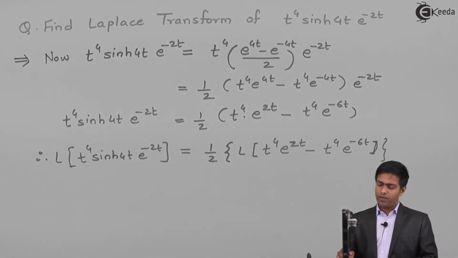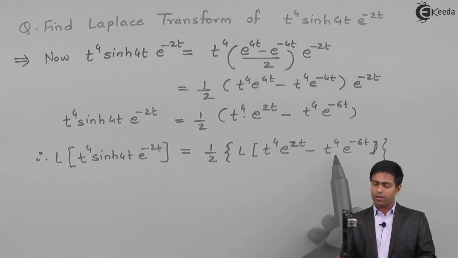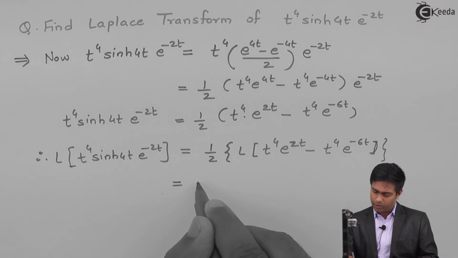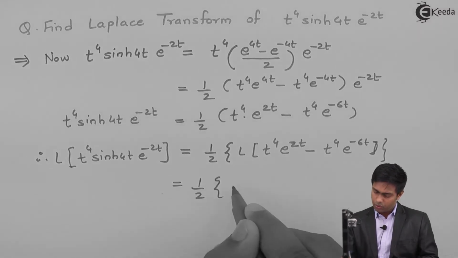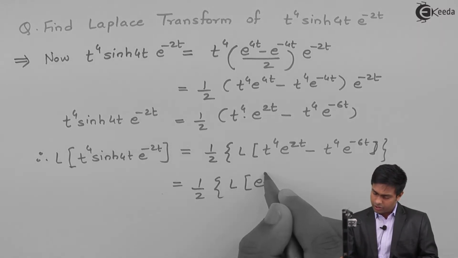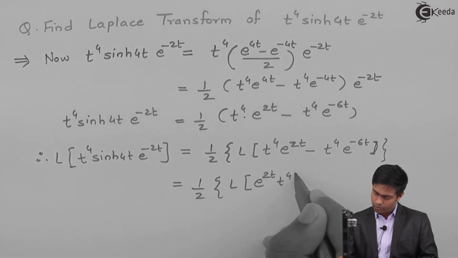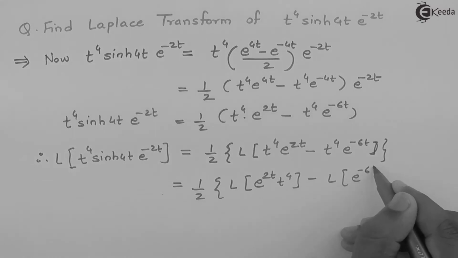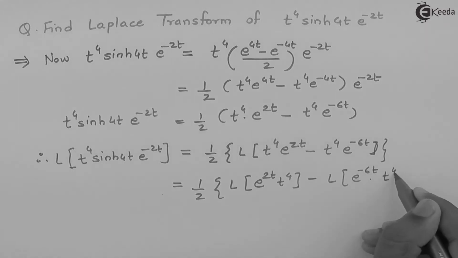Now since we have two different terms with a minus sign in between, we can separate the Laplace. So here we'll get 1 by 2 into Laplace of e raised to 2t t raised to 4 minus Laplace of e raised to minus 6t into t raised to 4.